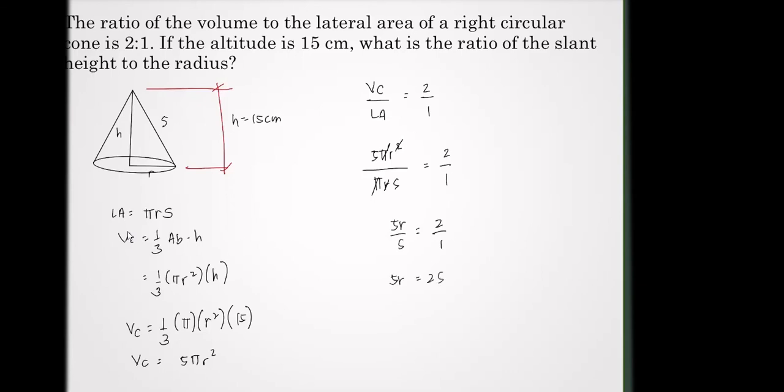What we need is the ratio of slant height to radius, so s over r is what we are looking for. Divide both sides by 2 to remove the 2 on the right side, and divide both sides by r. We have s over r, which is conveniently what we are looking for, equal to 2.5. So, the ratio of the slant height to the radius of the given right circular cone is 2.5. Okay?